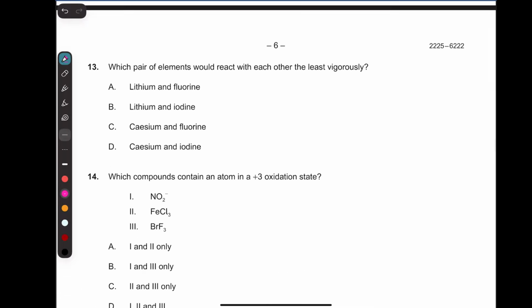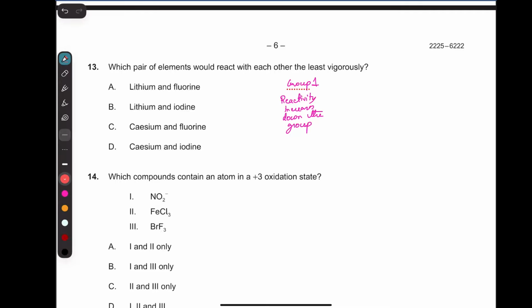Next, which pair of elements would react with each other least vigorously? So you have group 1 and group 17. For group 1, reactivity increases down the group. Now, why does this happen? Because as you go down the group, the outermost electron will be held more weakly because the distance between the electron and the nucleus will increase. As that electron can be removed easily, the reactivity will increase.